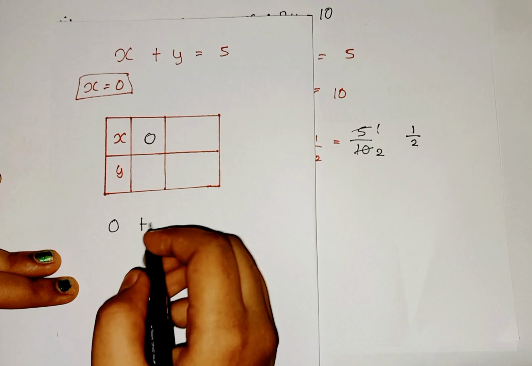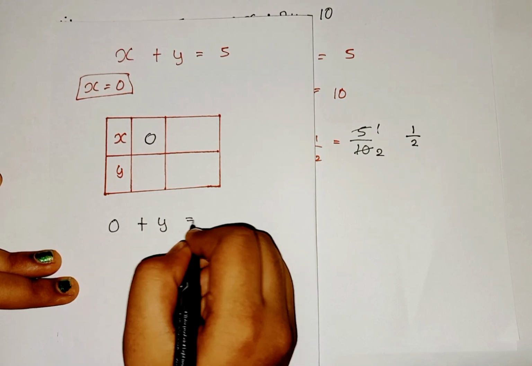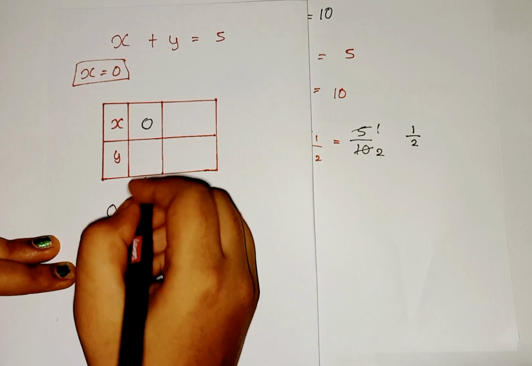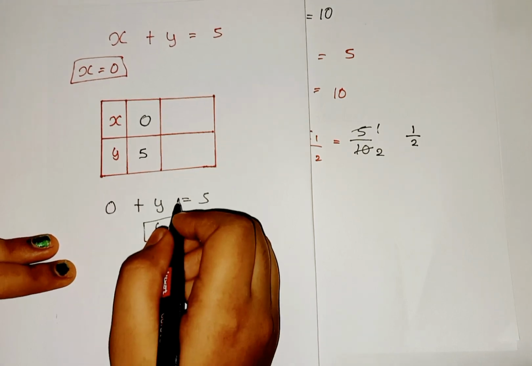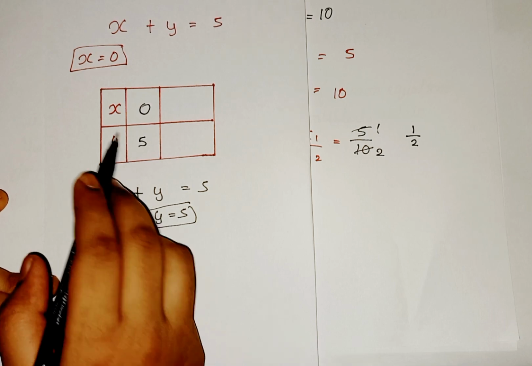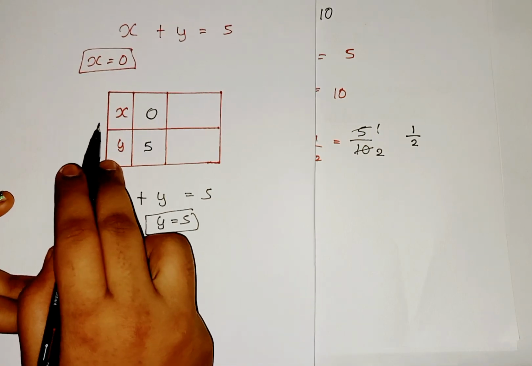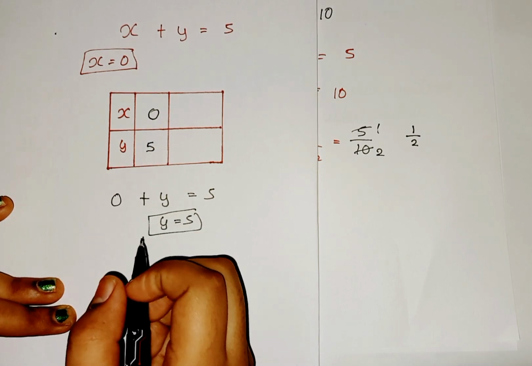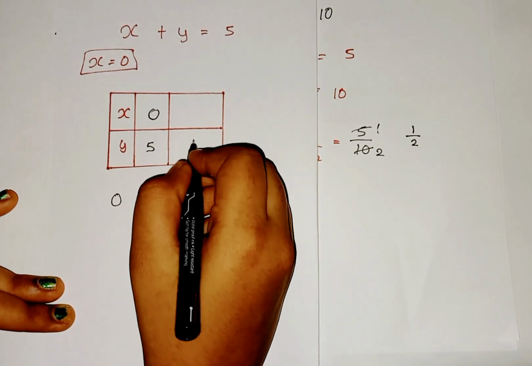Instead of x I wrote 0, plus y is equal to 5. So y is equal to 5. I got the y value, so you can write it here. When I substituted x as 0, I got the y value, that is 5. Now I am going to take y as 0.